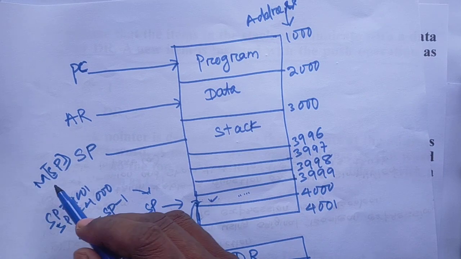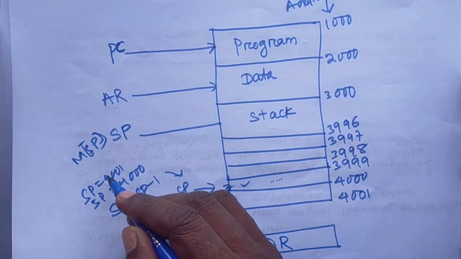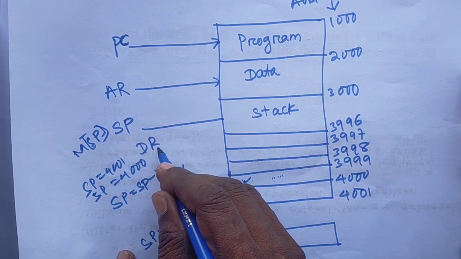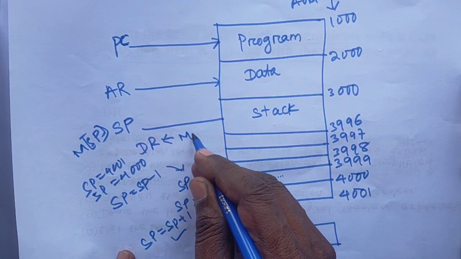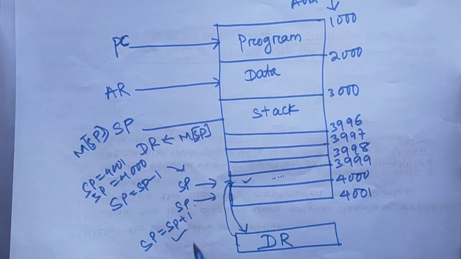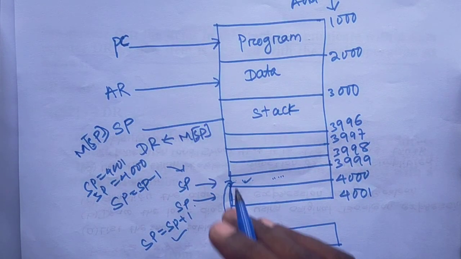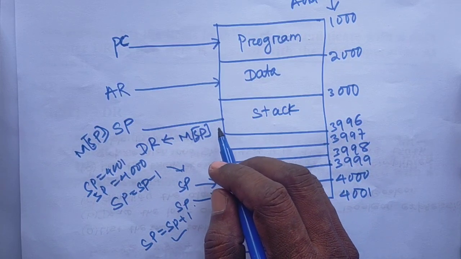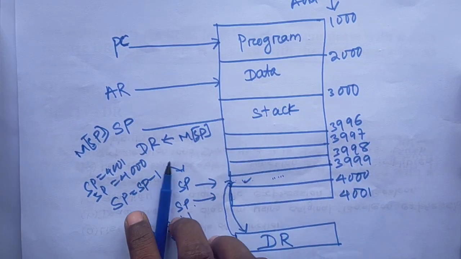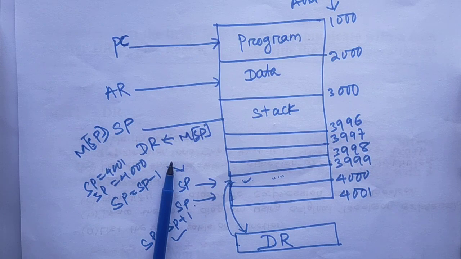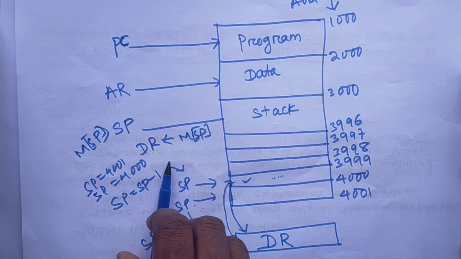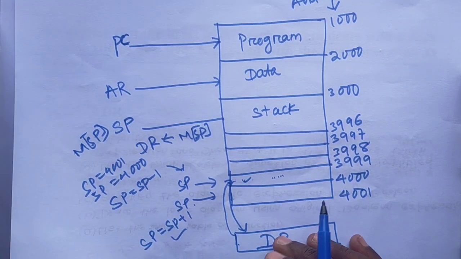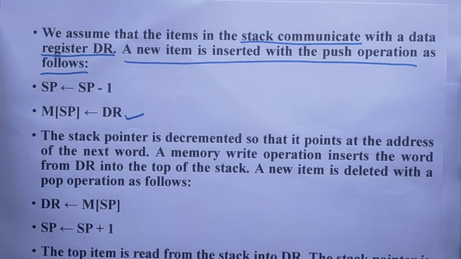Then we can also write here: DR keeps the data from the memory of SP. Whatever data is received or kept at SP is transferred to DR. So in this way data is inserted into or deleted from the stack, in a very simple way.